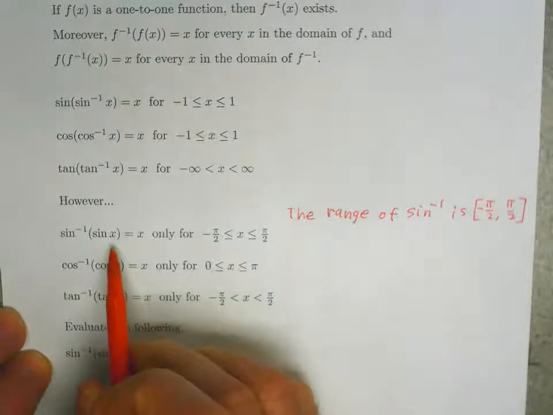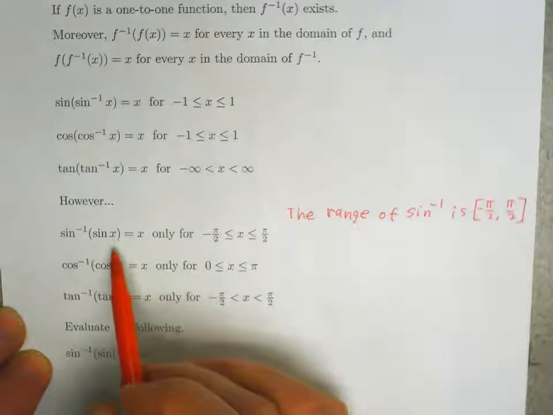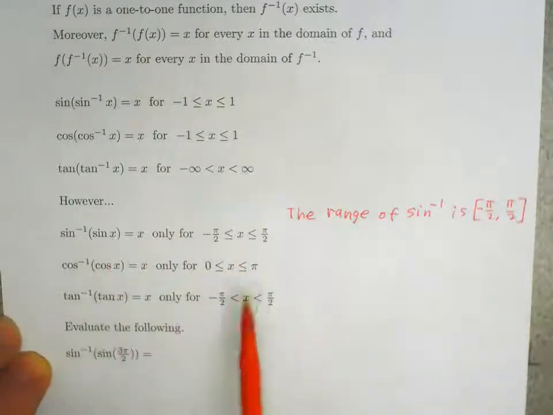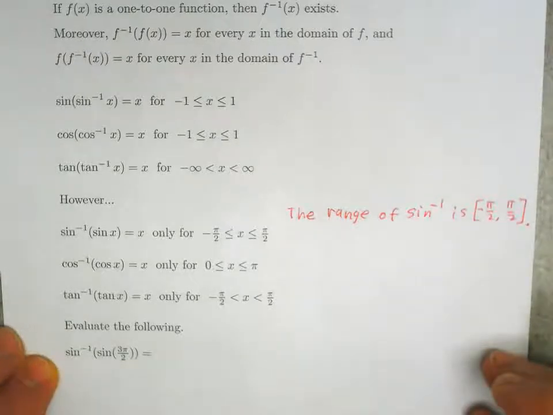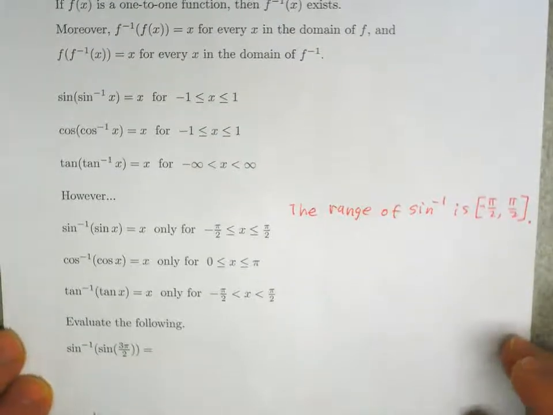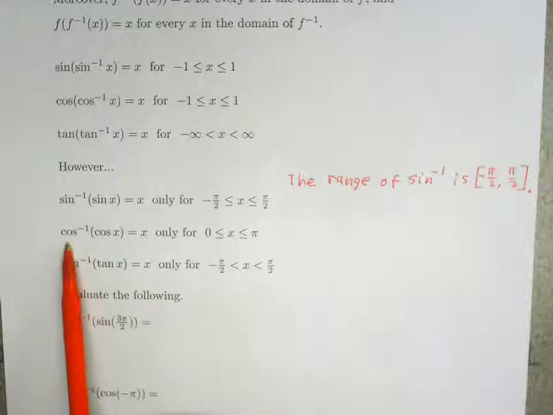So it's possible, well, we'll see a little bit later, but I'll just hold my comment until later. Okay, the same sort of restriction occurs if you have the outside function being the inverse cosine.